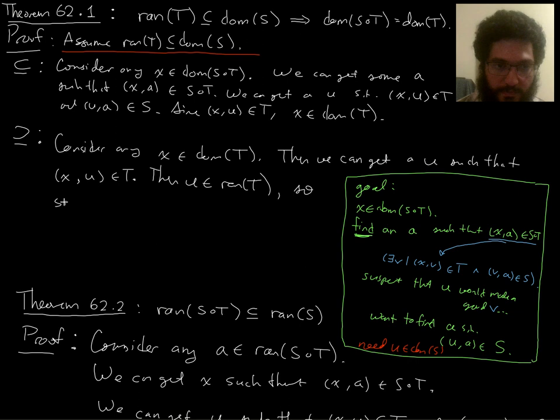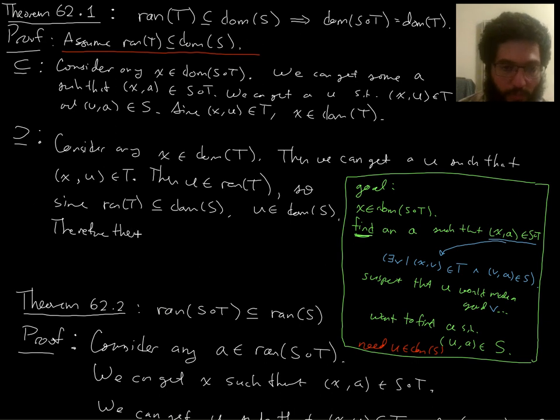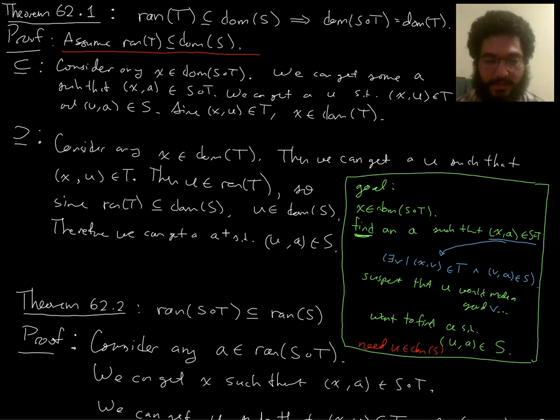So since the range of T was assumed to be a subset of the domain of S, universal instantiation on this universal, U is in the domain of S. Therefore, we can get an A such that the pair U comma A is in S. That's using the definition of domain, existential instantiation.